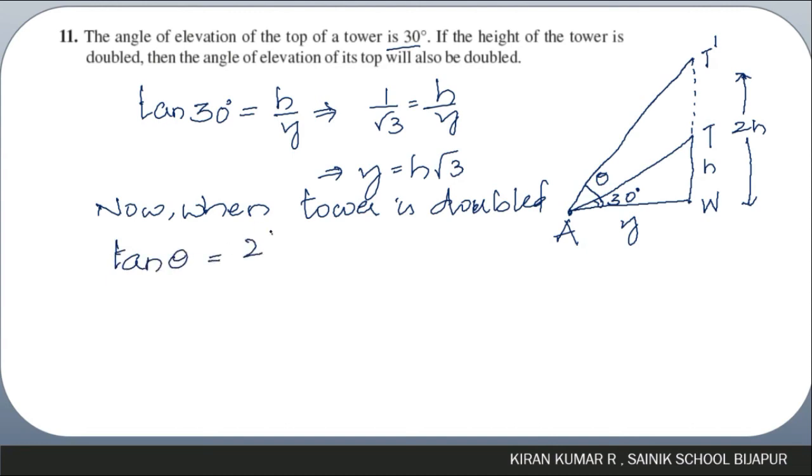Tan theta is 2h by y. Now in the place of y, I can replace h root 3. This implies tan theta is equal to 2h divided by h root 3. h will get cancelled. We get 2 by root 3.